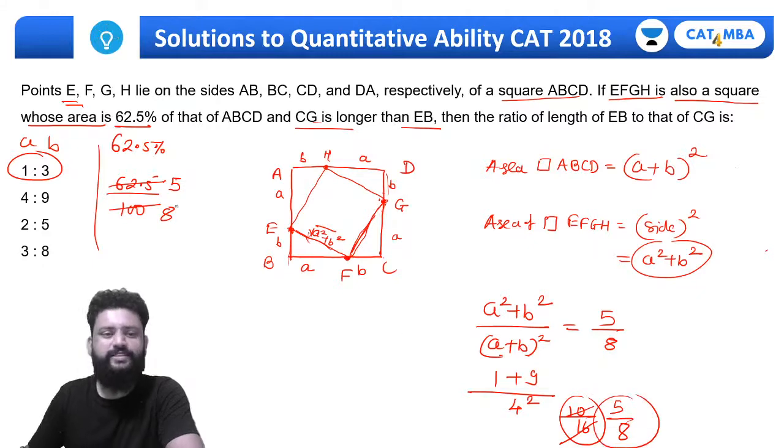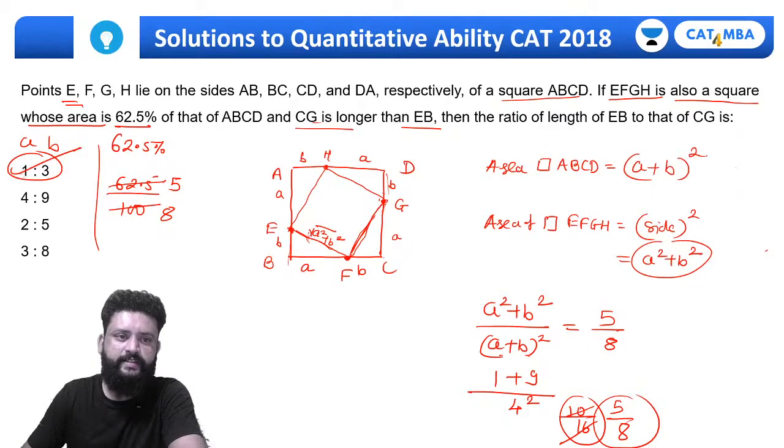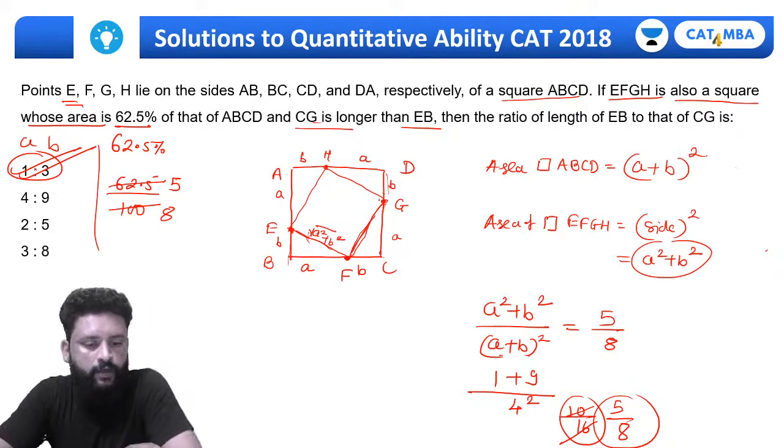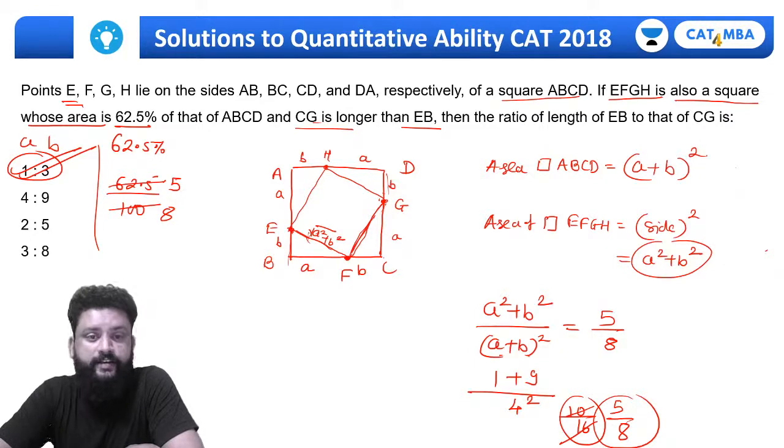So the first answer option itself satisfies this equation. That's the trick you need to apply here, otherwise it is quite tough.